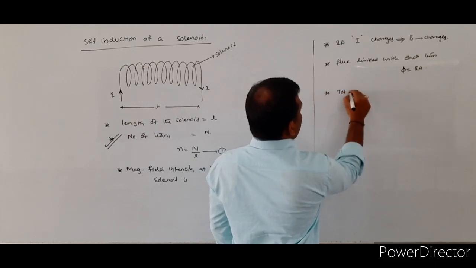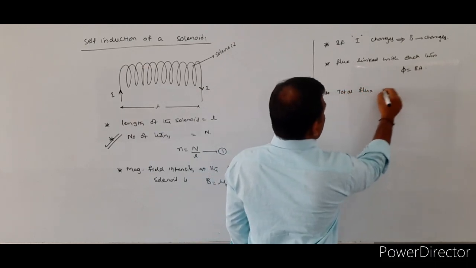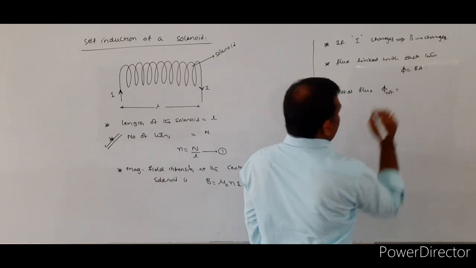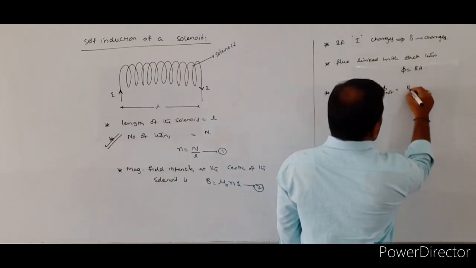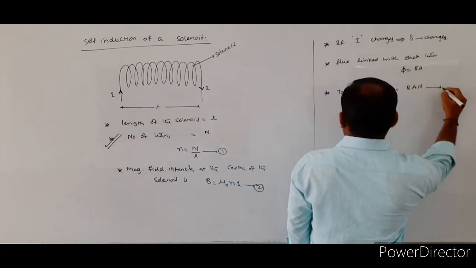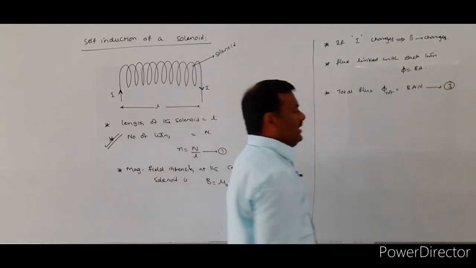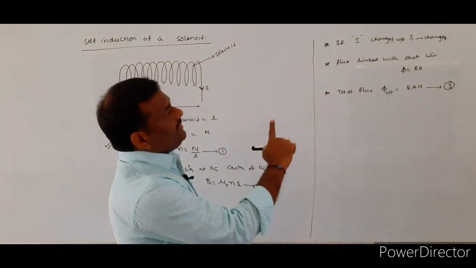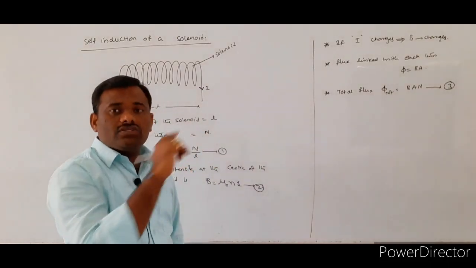Therefore, total flux phi total is equal to BAN.